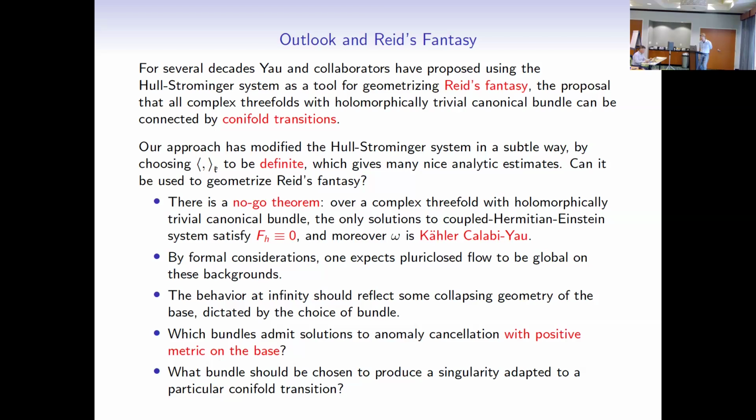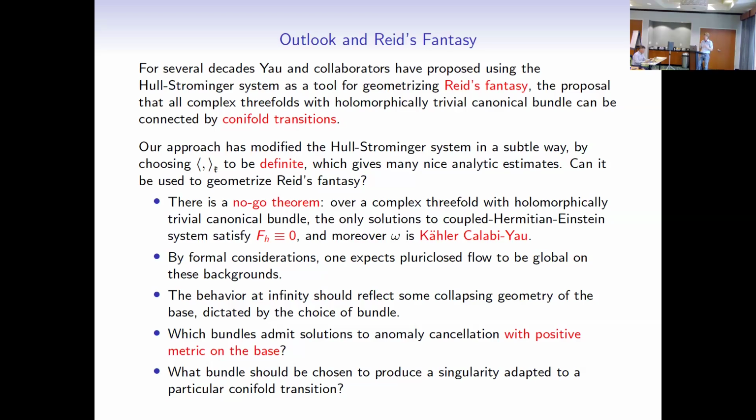Yes, that's right. One comment I'd make: even in a very simple example, like on tori, where of course everything is scalar, depending on what bundle you pick, you will see different blowdown limits at infinity. You contract different cycles which are determined by the topology of the bundle you pick.